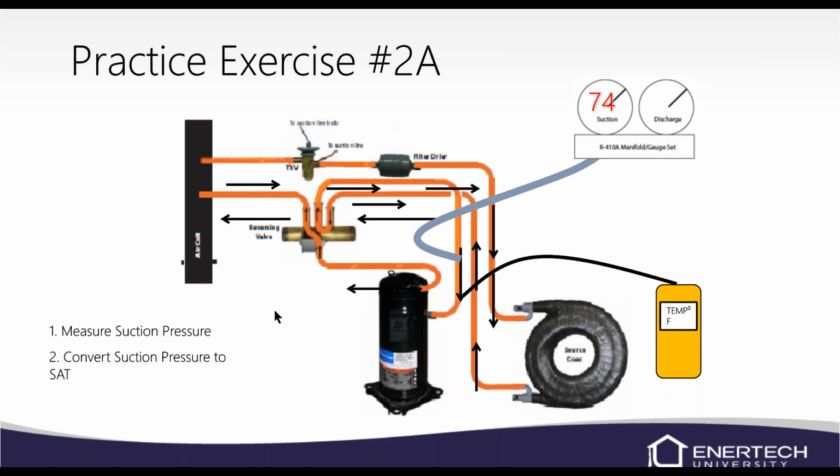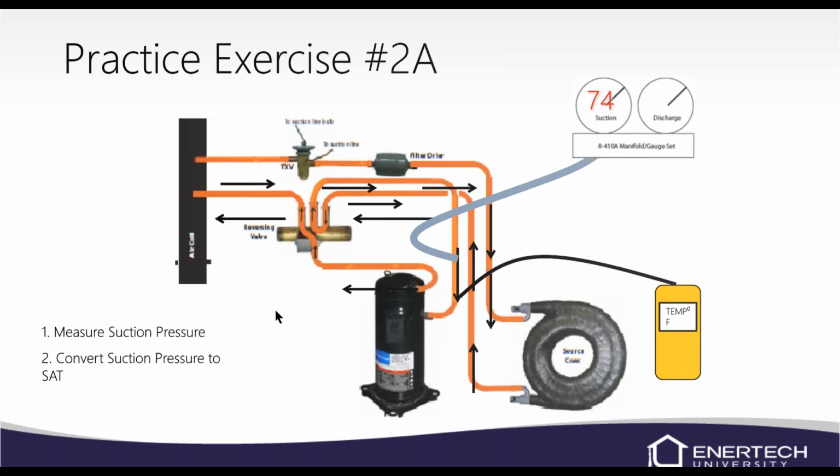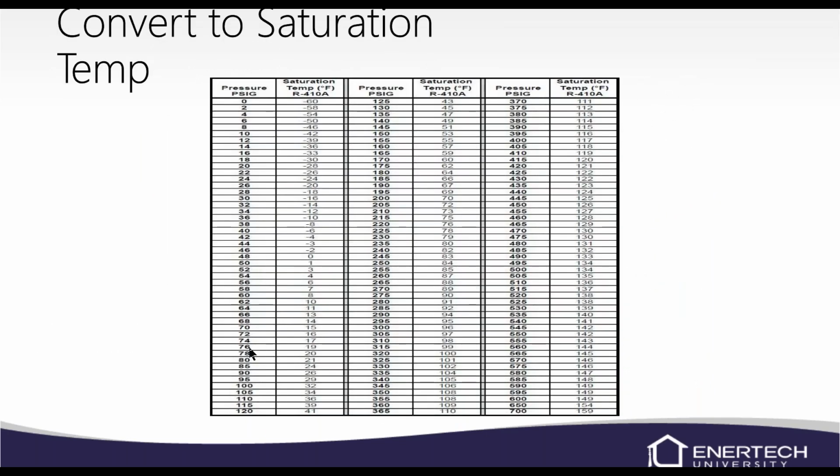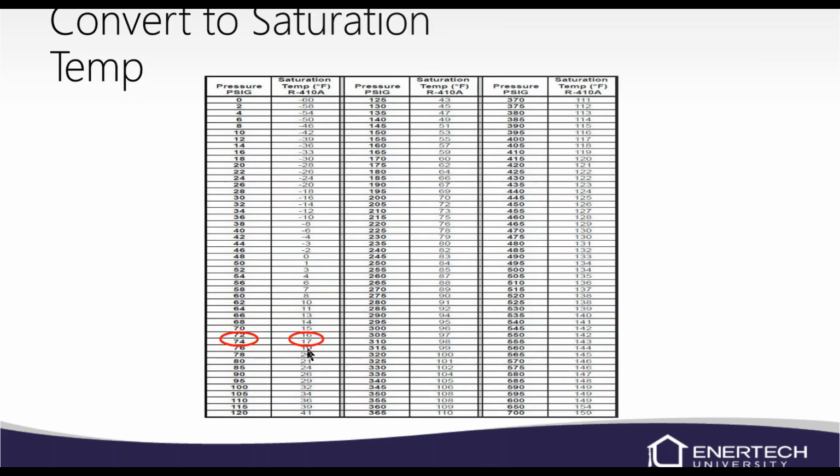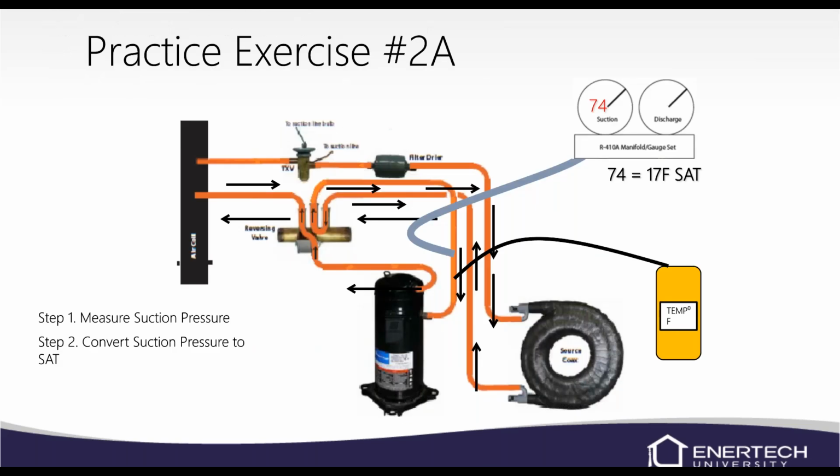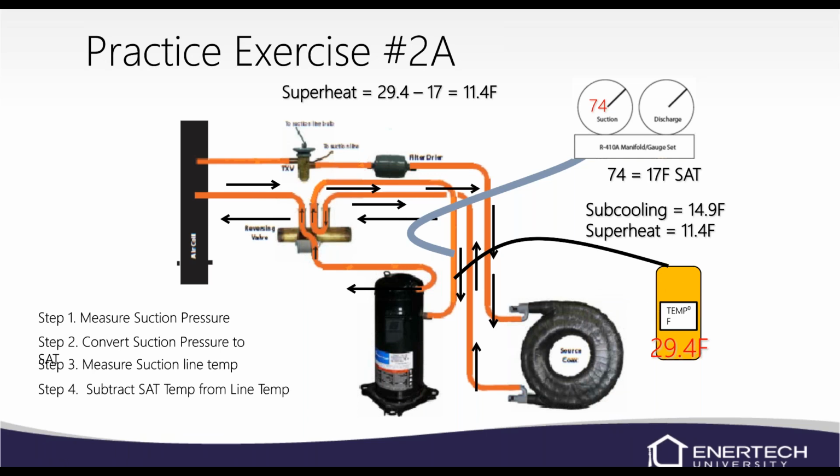Suction pressure is 74. Now we'll convert that to temperature. 74 is equal to about 17 degrees. Now we'll measure our line temperature at our TXV bulb location. And it's 29.4. So we do the math on that. We have 14.9 degrees of subcooling, 11.4 degrees of superheat.